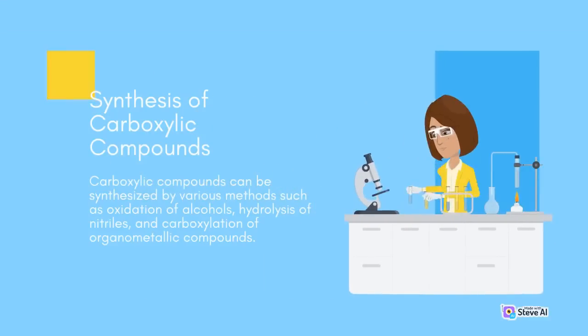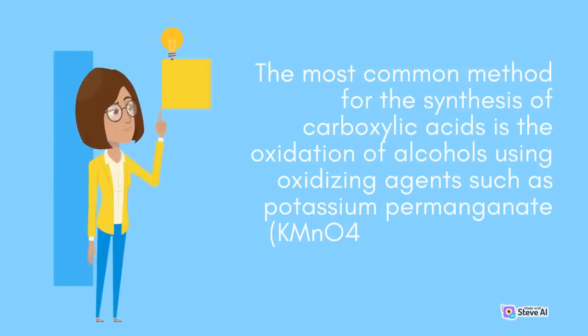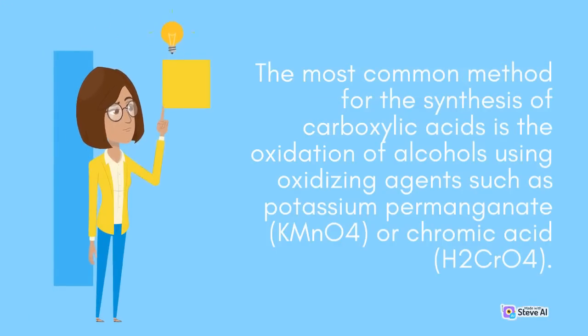Synthesis of carboxylic compounds. Carboxylic compounds can be synthesized by various methods such as oxidation of alcohols, hydrolysis of nitriles, and carboxylation of organometallic compounds. The most common method for the synthesis of carboxylic acids is the oxidation of alcohols using oxidizing agents such as potassium permanganate, KMnO4, or chromic acid, H2CrO4.